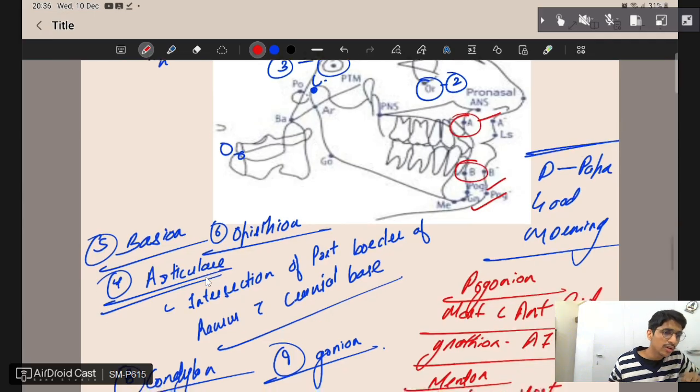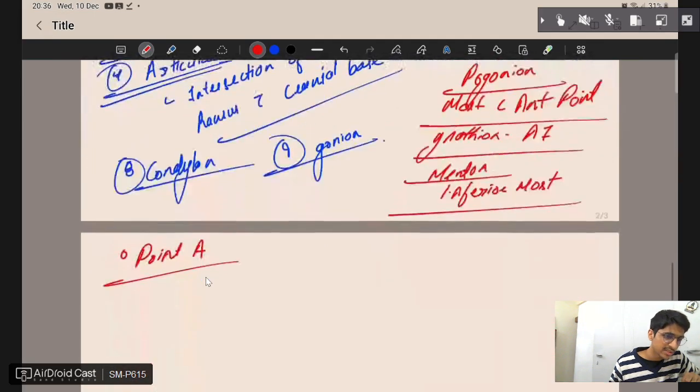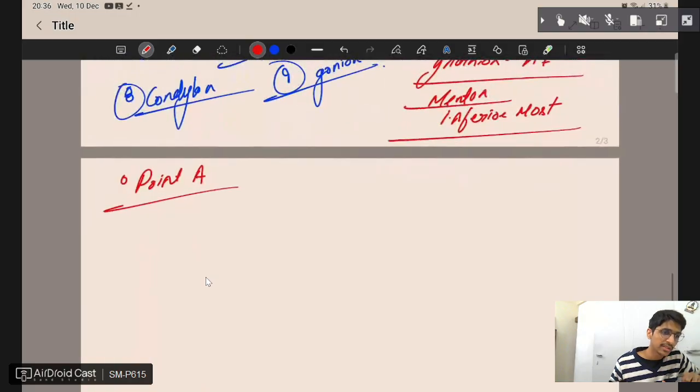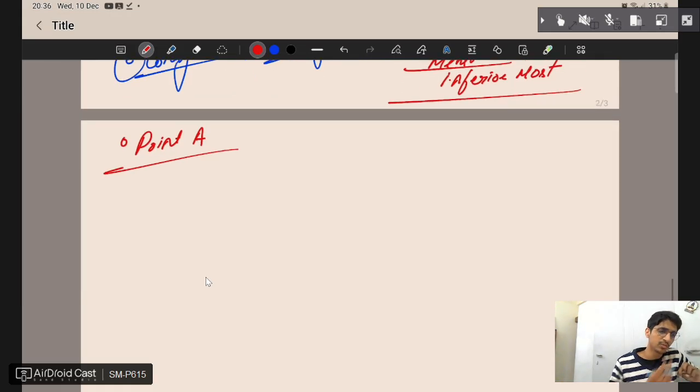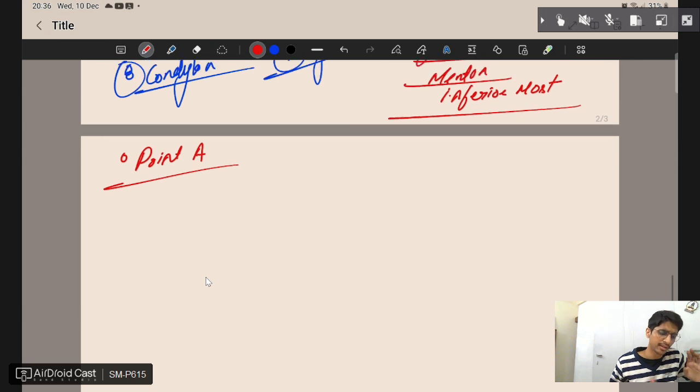So, A and B. The other points are not very important, but sometimes they ask. One is supradentale, present in the maxilla between the two central incisors. There is also infradentale, present between the mandibular lower incisors.